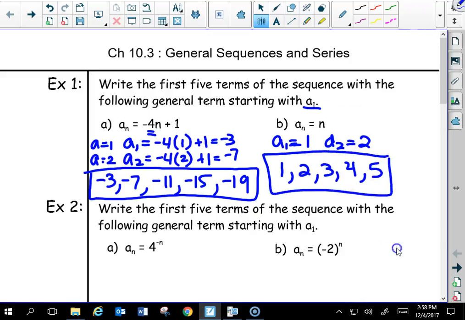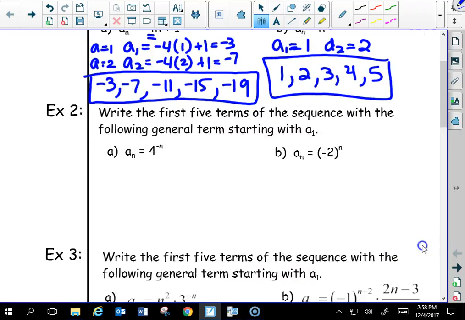These involve exponents, and so I'm showing you some similar examples here. Again, we'll write the first 5 terms starting with A1. A1 is going to be 4 to the negative 1. So wherever I have an n in the pattern, I'm putting in that number, and I'm going to put this in as positive 1/4.